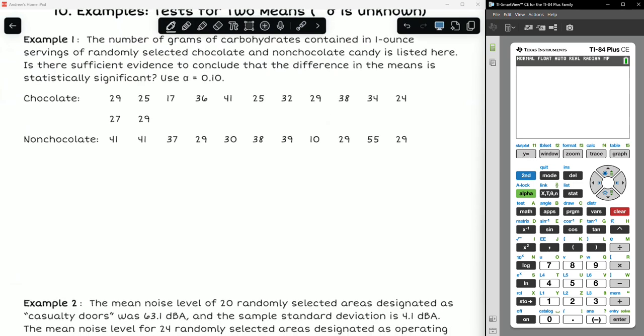So I'm going to start by defining those means. Mean 1 is the mean number of grams of carbs in chocolate candy. And mean 2 is the mean number of grams of carbs in non-chocolate candy.